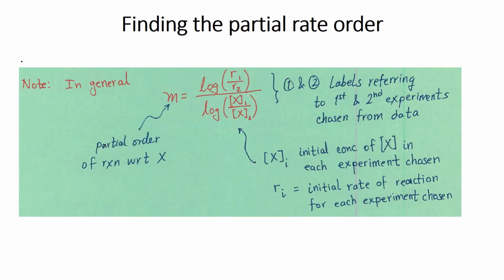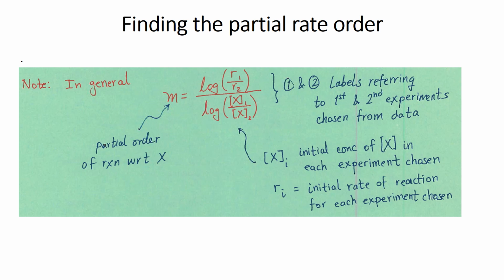In all these types of problems, we're going to be using one equation where m, the partial order of reaction with respect to one of the reactants, is equal to the log of a ratio divided by the log of another ratio. The first ratio is between the initial rates of reaction for 2 different experiments. 1 and 2 here are labels that refer to the first and second experiments that we choose from the data.